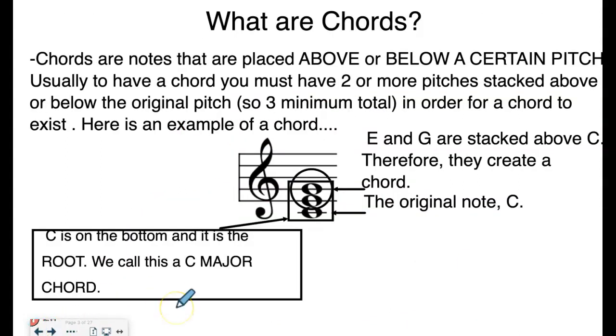What are chords? Chords are notes that are placed above or below certain notes. In order to have a chord, you have to have two or more notes stacked above the original pitch. Here's an example of a chord. You have the original note, so let's say you have middle C here.